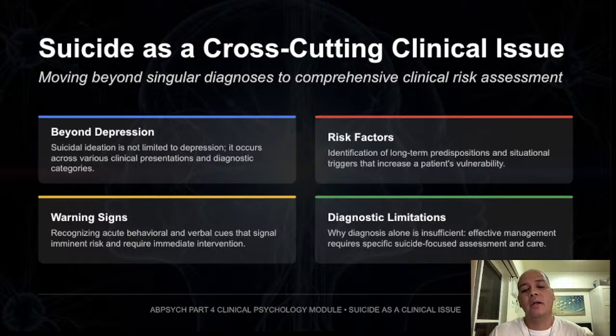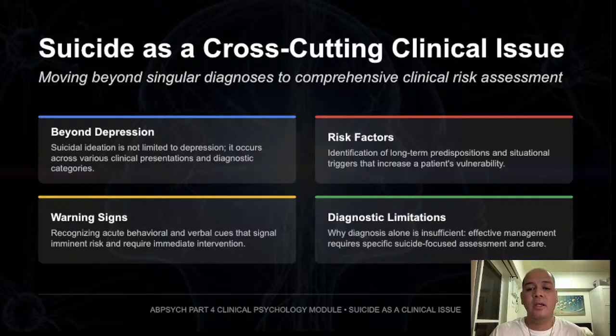So, suicide is a cross-cutting clinical issue, which means it is not limited to just one diagnosis. Yes, it is strongly associated with depression, but it can also appear in trauma, substance use, psychosis, severe anxiety, personality pathology, and intense life stress.